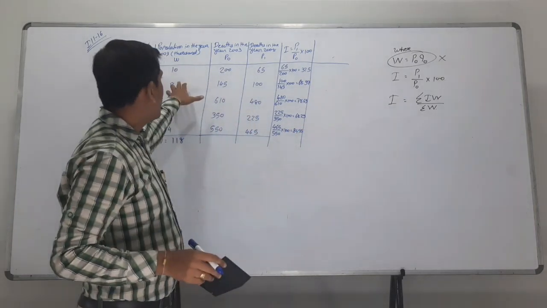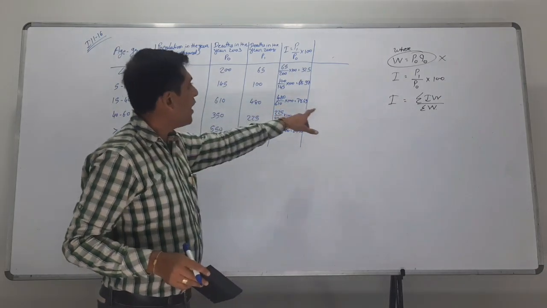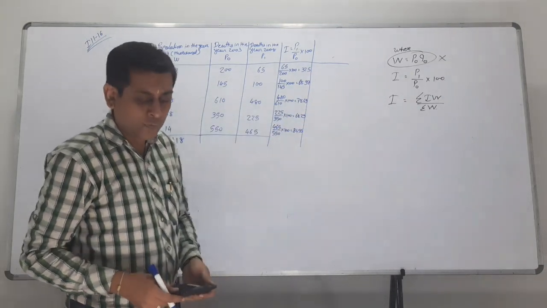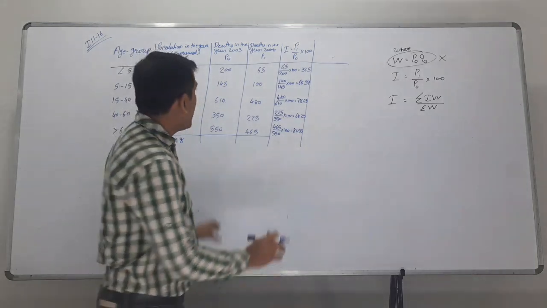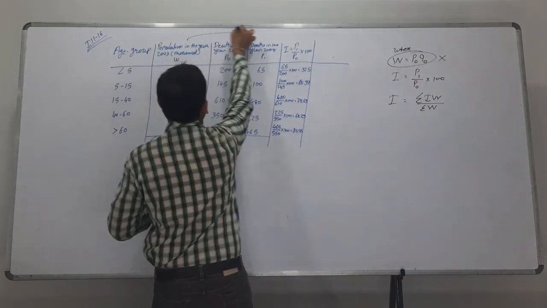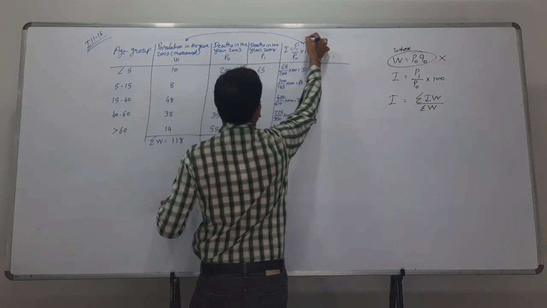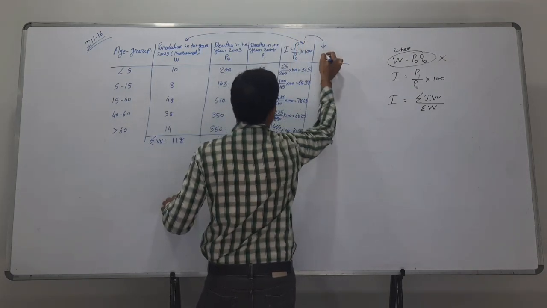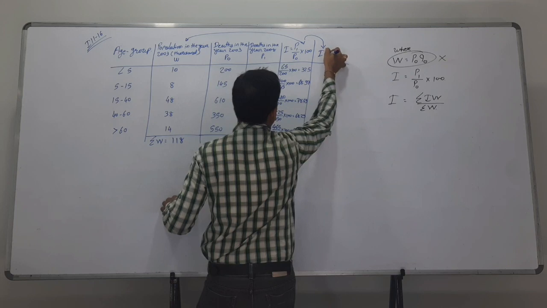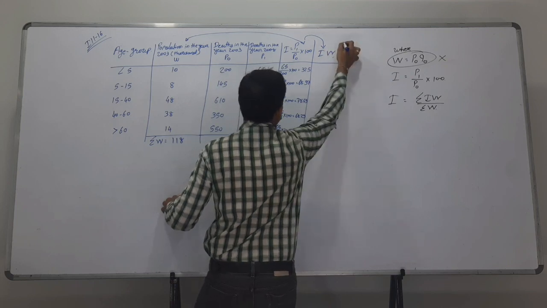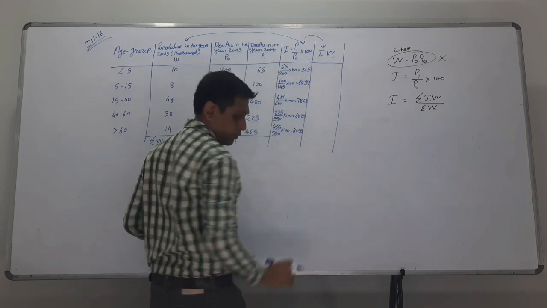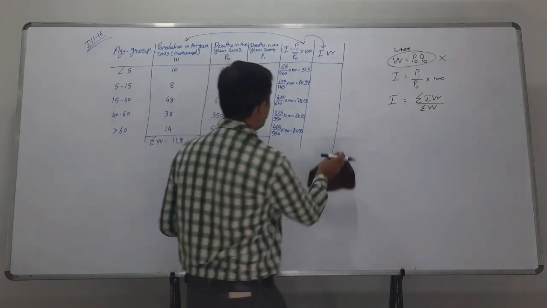See here, we have W, we have I, and we want IW. That's why we have to multiply these two, and we are writing here, that is IW. What is the multiplication?